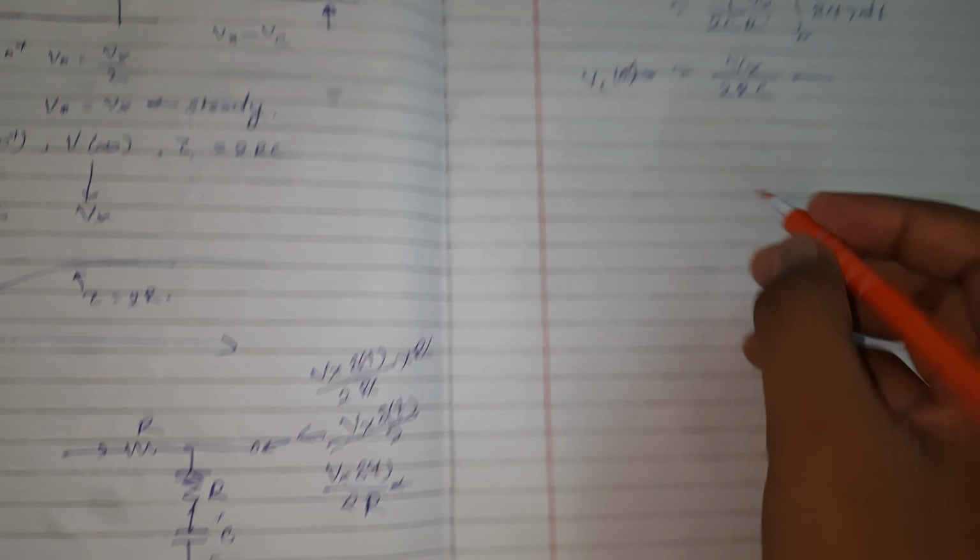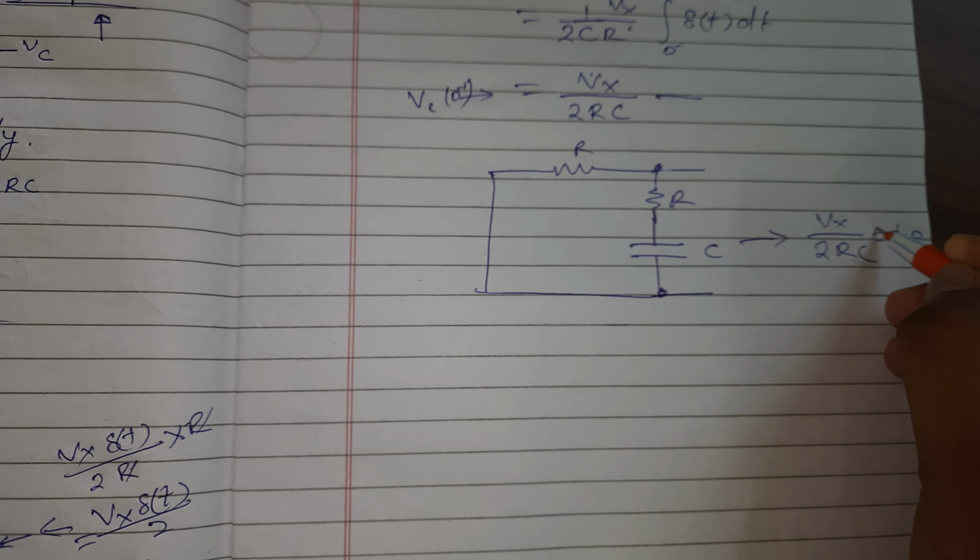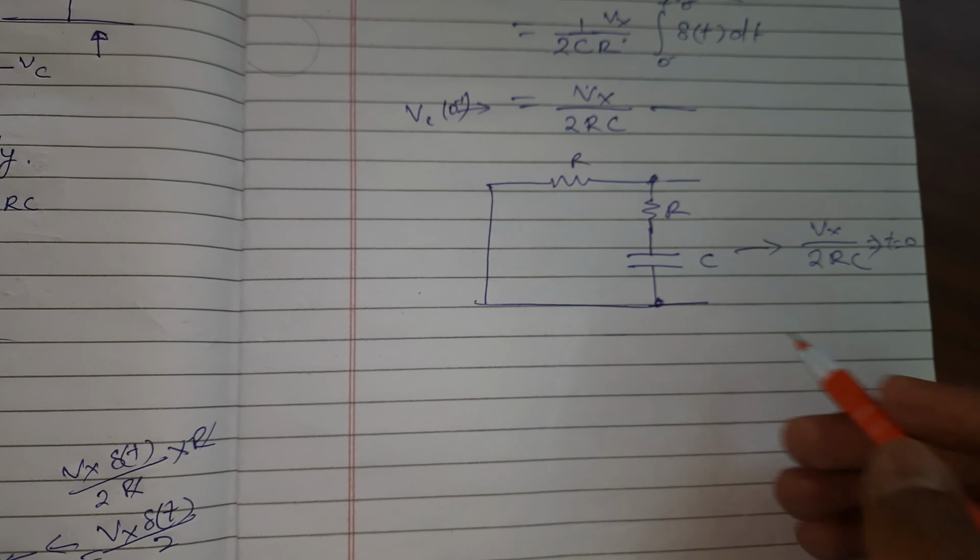So here we can see that after t is equal to 0, we have a capacitor charged to Vx by 2RC. The voltage across this will be divided across this resistor and the other resistor R. So at t is equal to 0 plus, VO will be equal to Vx by 4RC.